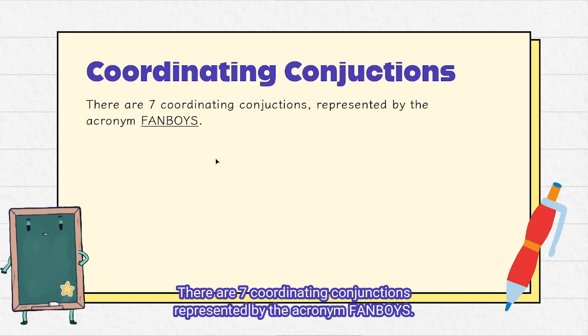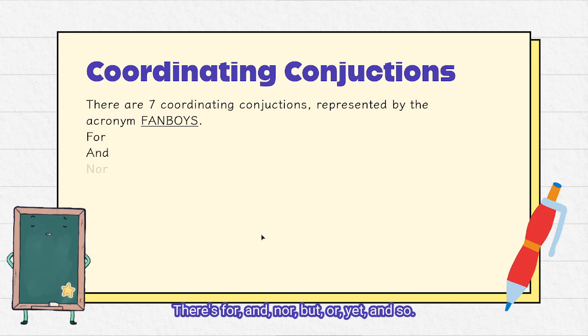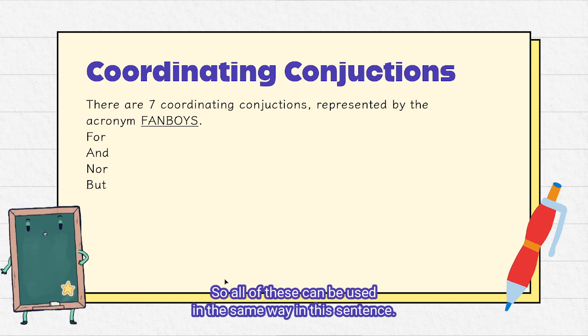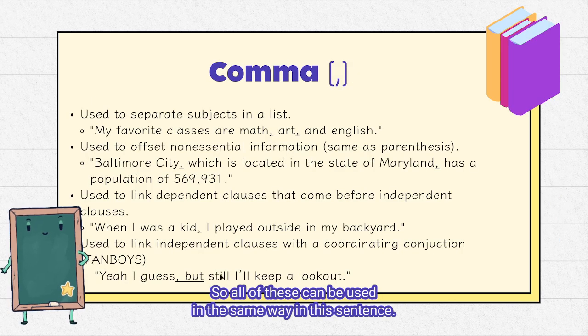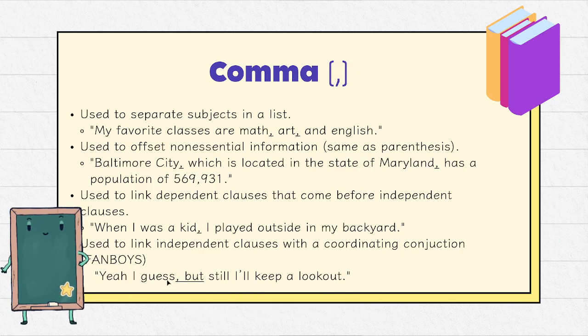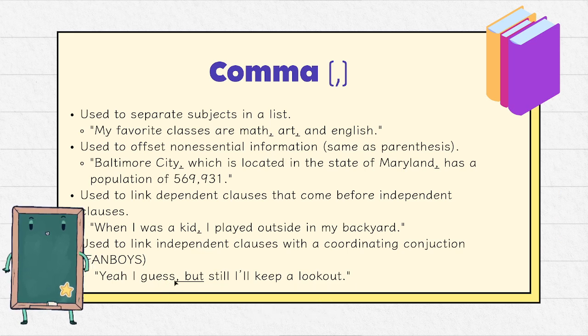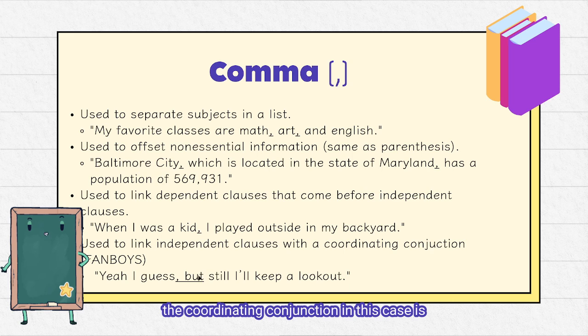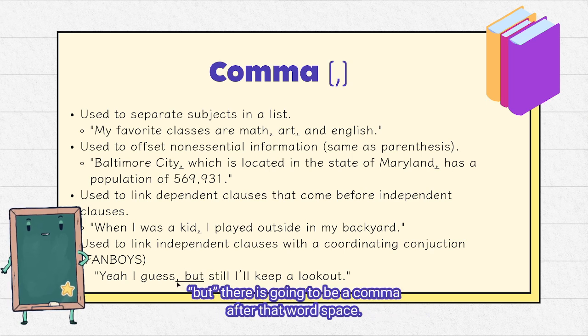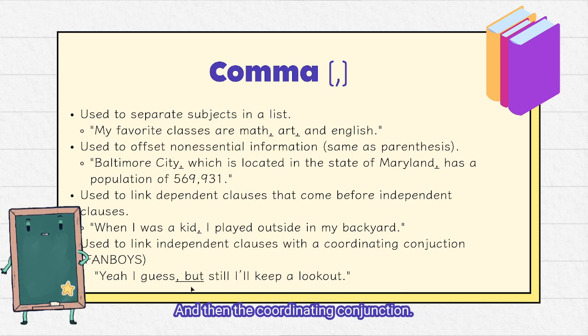There are 7 coordinating conjunctions represented by the acronym FANBOYS: for, and, nor, but, or, yet, and so. All of these can be used in the same way in this sentence. Basically, there's going to be a word before the coordinating conjunction, in this case "but." There is going to be a comma after that word, a space, and then the coordinating conjunction.